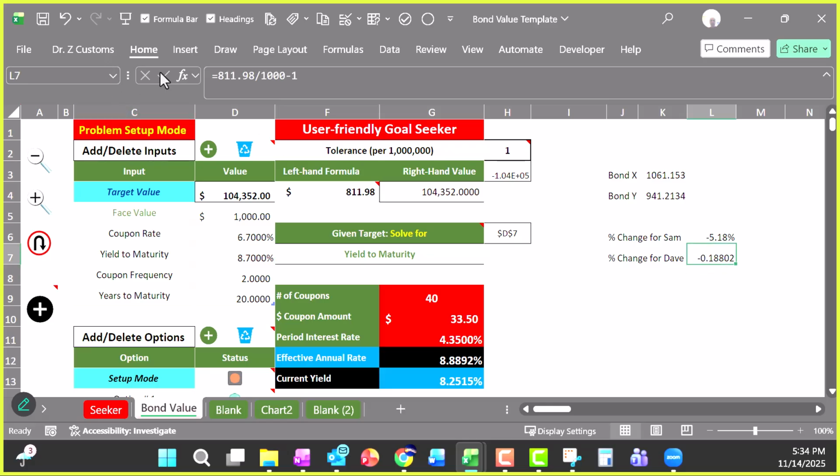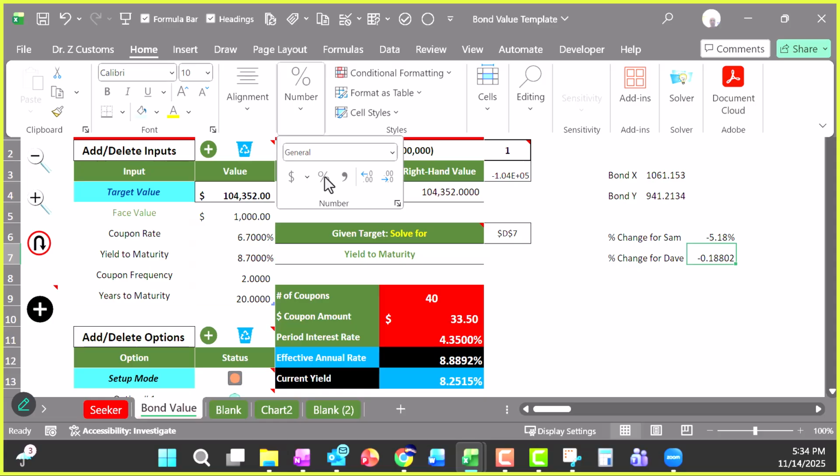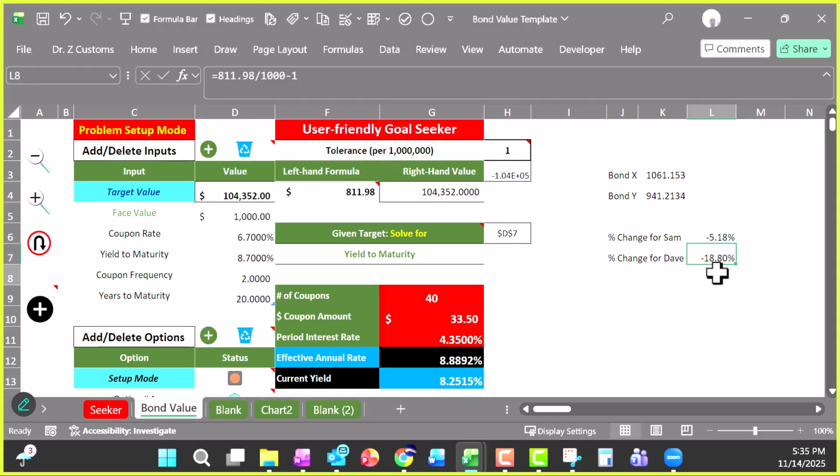As you can see, this is a much larger decline. So the value of the 20-year bond would go down almost 19%. On the other hand, the value of the 3-year bond would go down slightly over 5%.